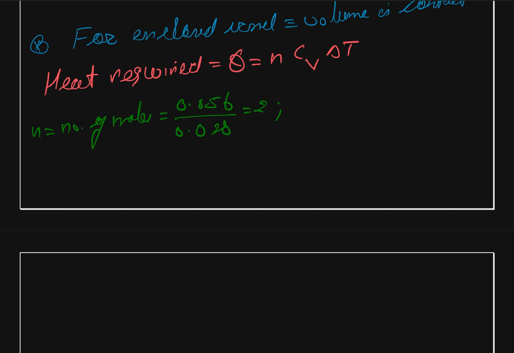And then we are also supposed to find out C of V. So C of V will be equal to F upon 2 times R, and F is our degree of freedom.